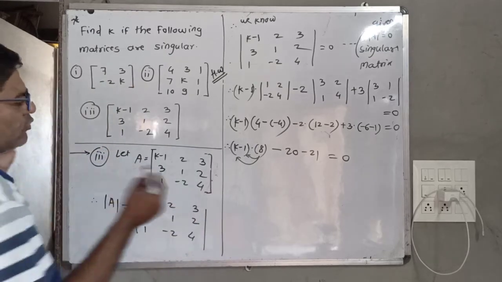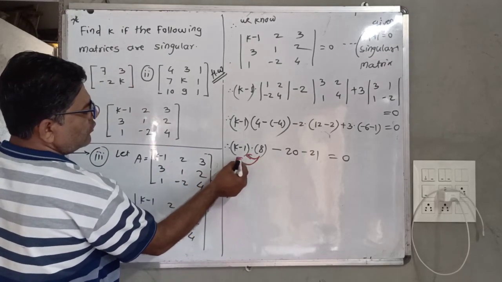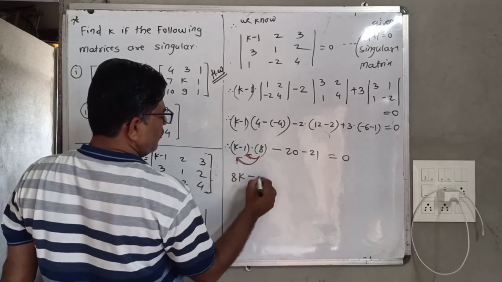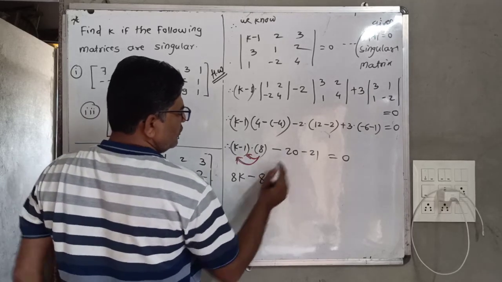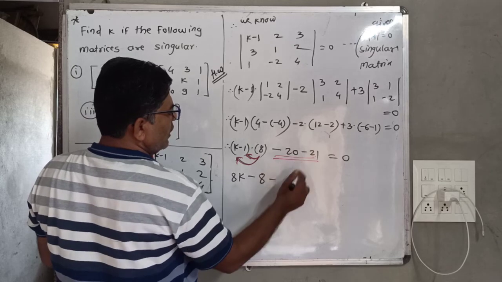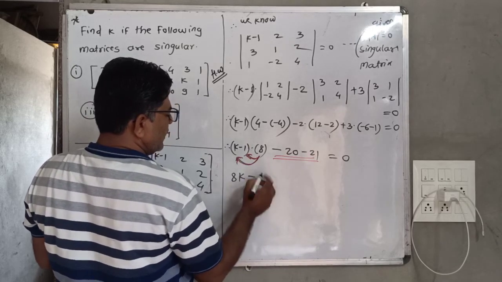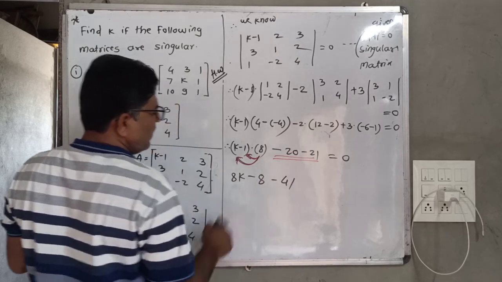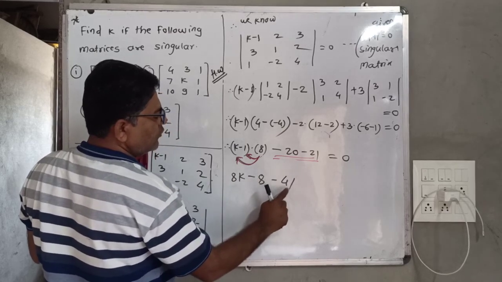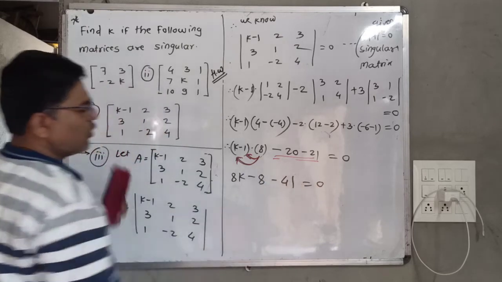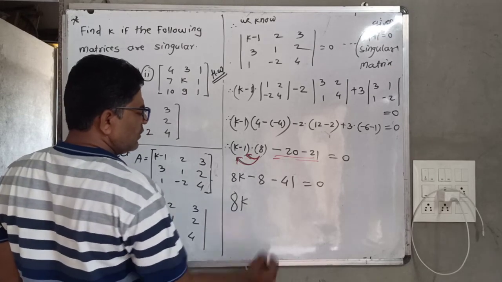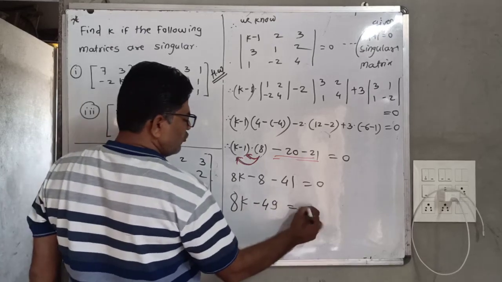Then what we get? 8 into k, 8k, minus 8 into 1, 8, minus 20, minus 21, that is minus 41. So 8k minus 8 minus 41 equal to 0. Simplify this, 8k minus 49 equal to 0.